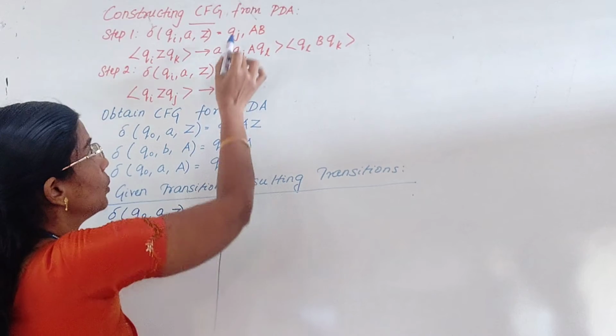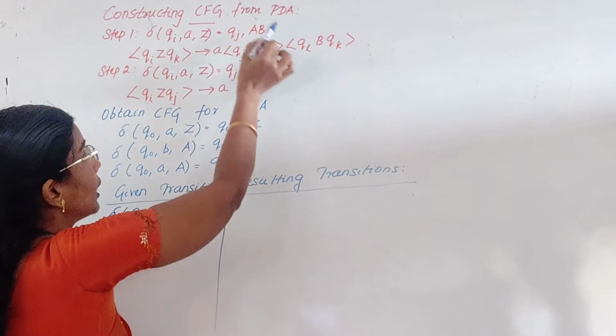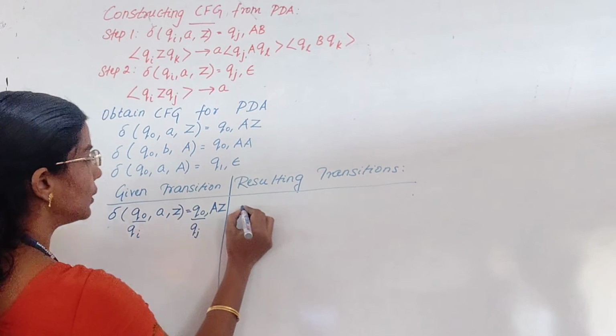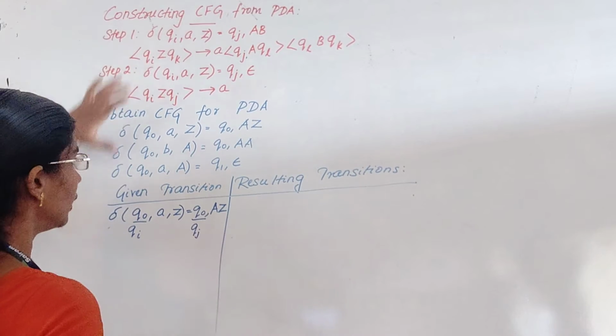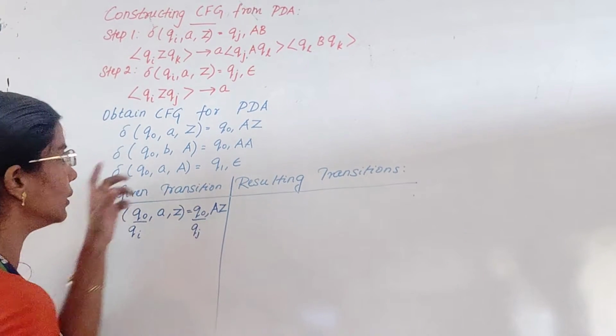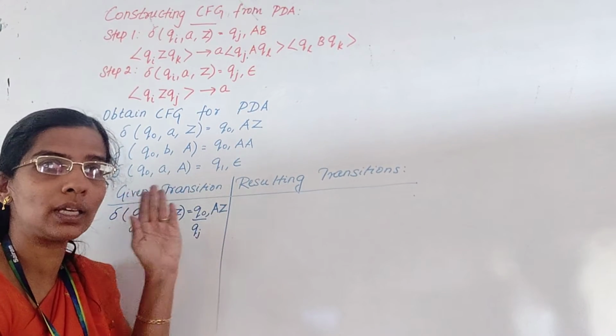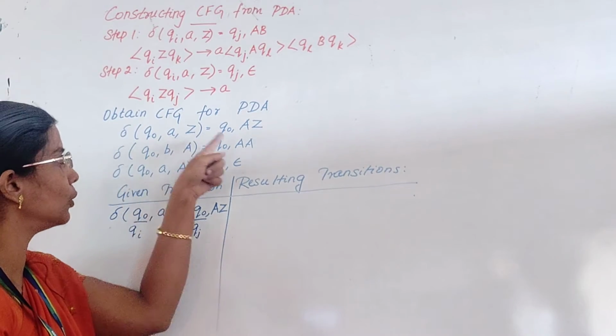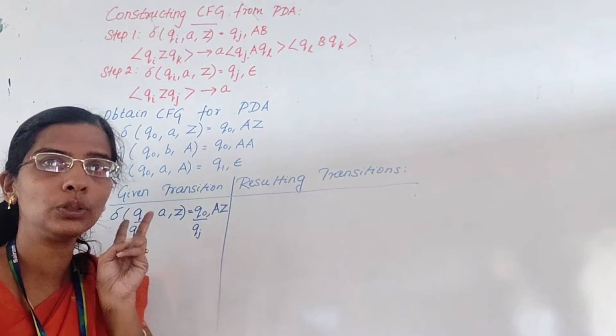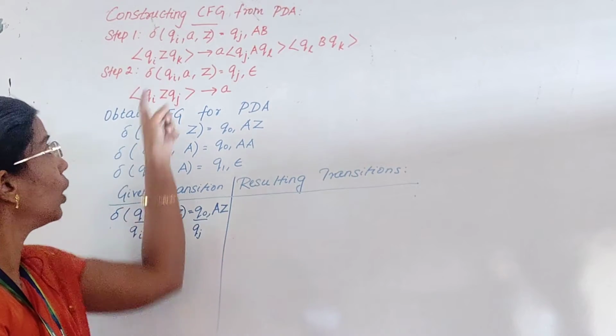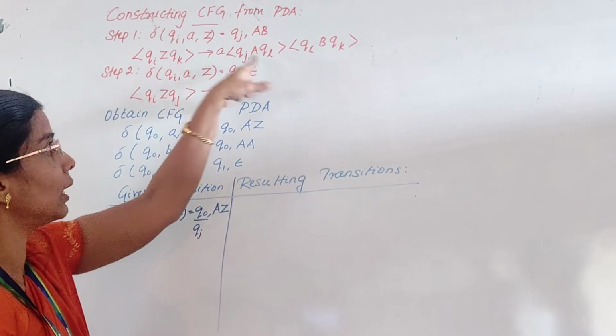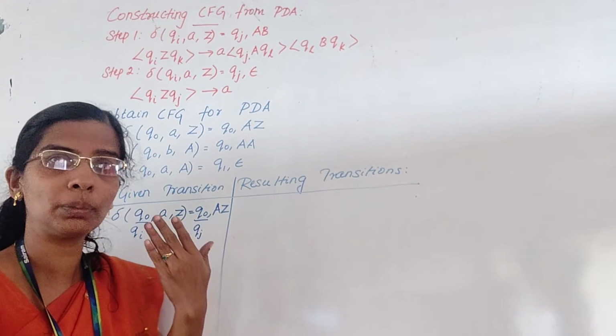Now how should we convert this transition? Here you check this PDA. How many states does it have totally? It has Q0 and Q1, so only 2 states. I said both K and L will take all the possible values.